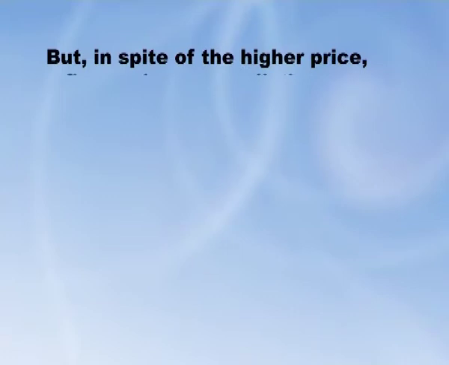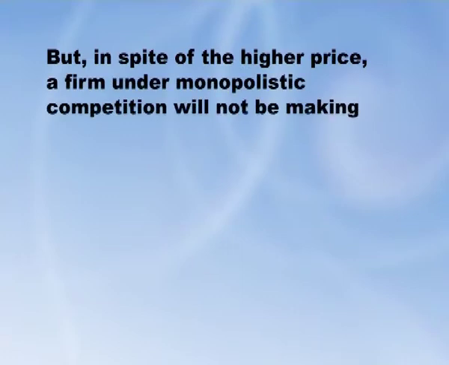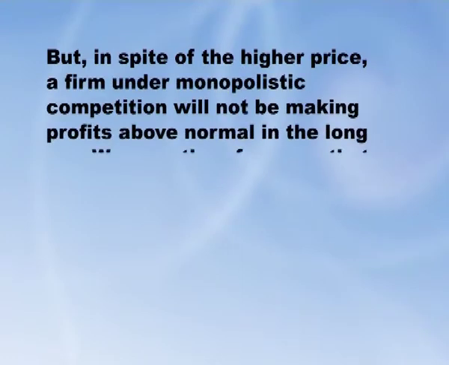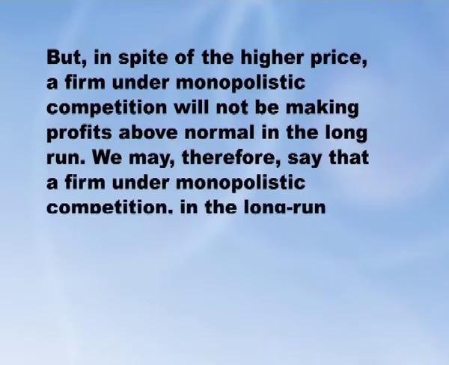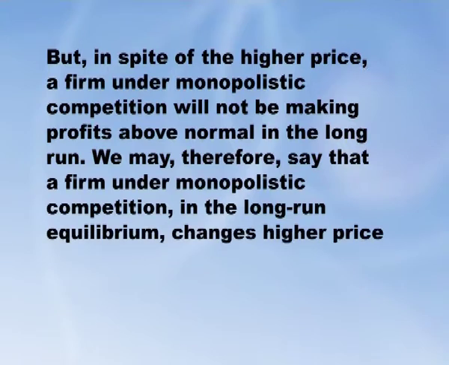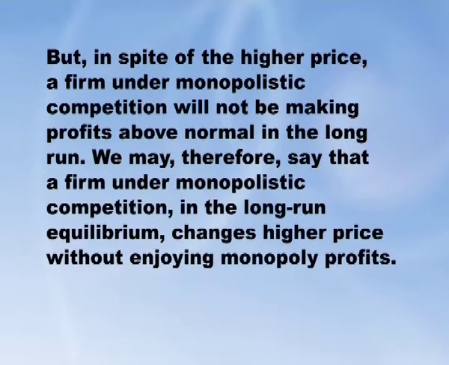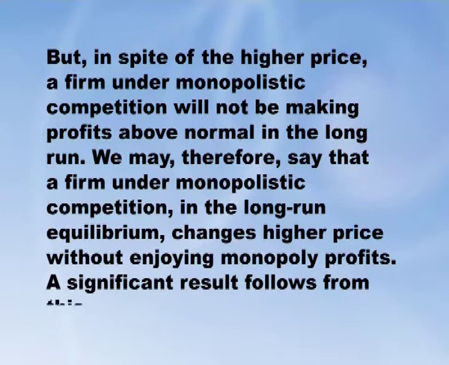But in spite of the higher price, a firm under monopolistic competition will not be making profits above normal in the long run. We may therefore say that a firm under monopolistic competition in the long run equilibrium charges a higher price without enjoying monopoly profits.